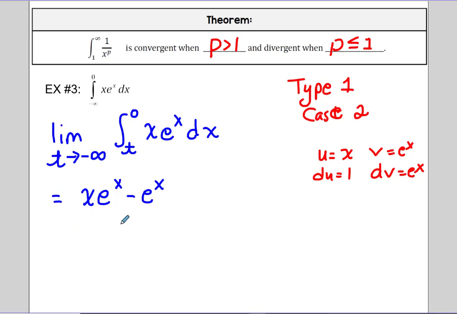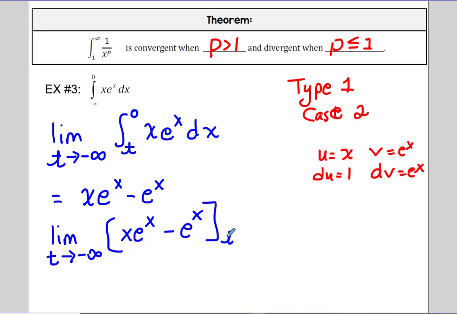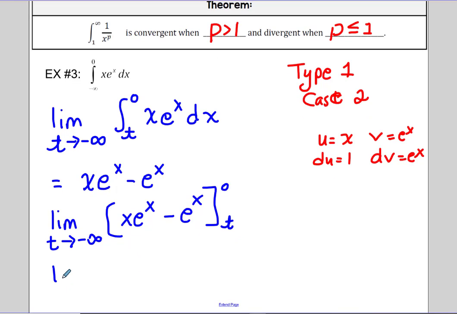So we did that by parts. And we want to take the limit as t approaches negative infinity for x e to the x minus e to the x from t to 0.